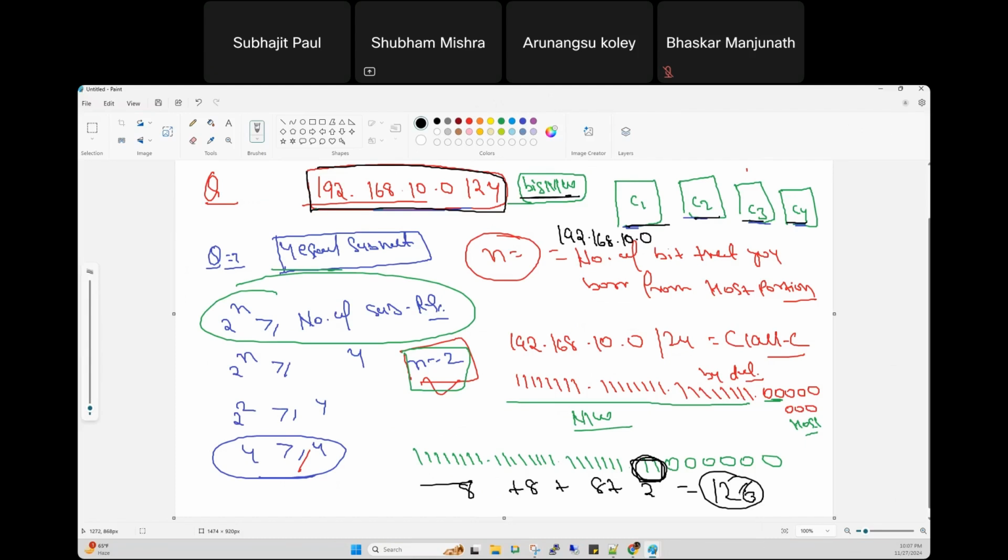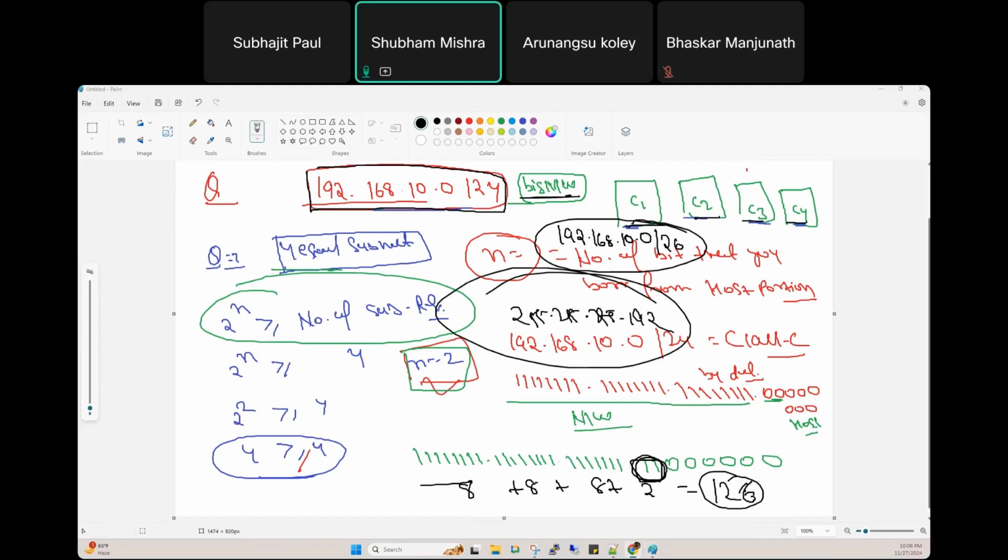So 192.168.10.0 and here will be slash 26. So what will be the subnet mask? 255.255.255.192. Agree, everyone? Yes or no?